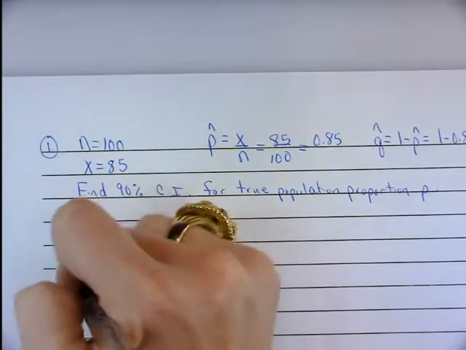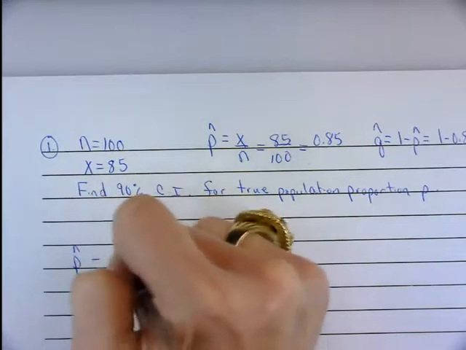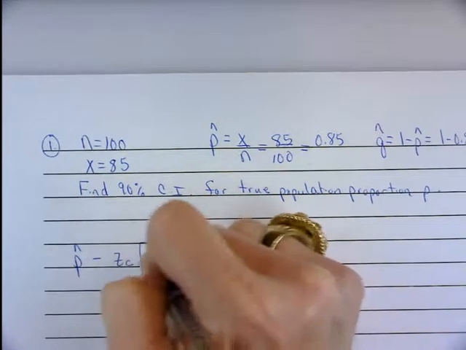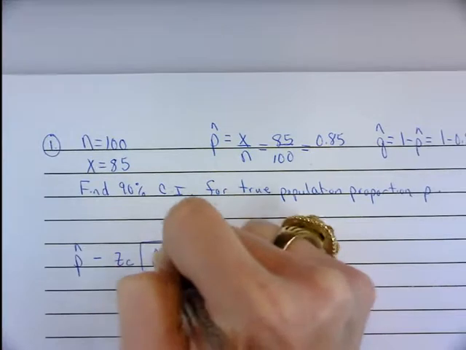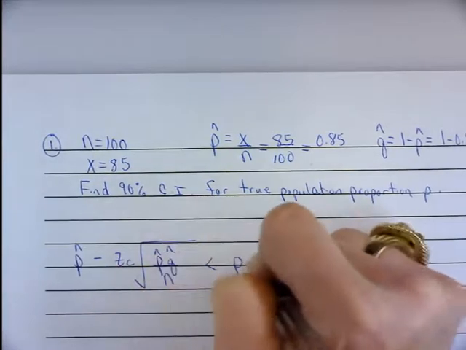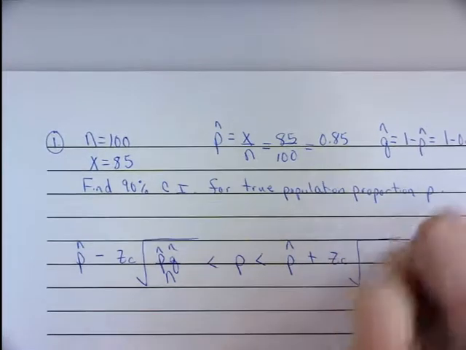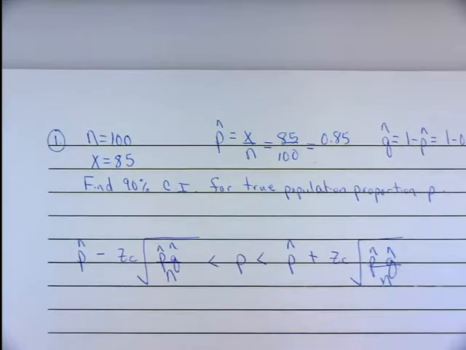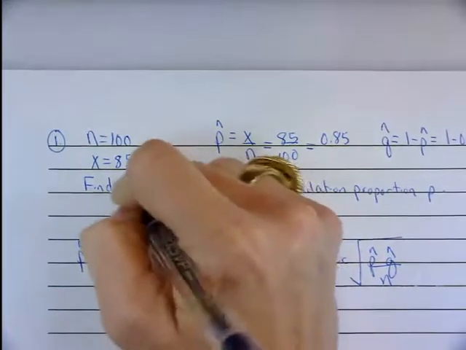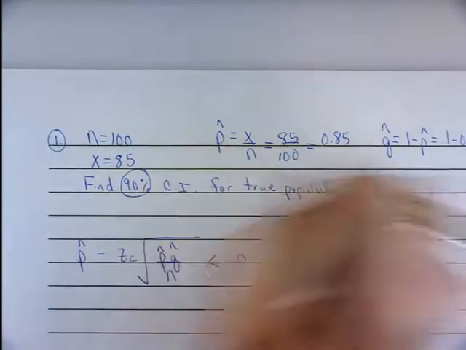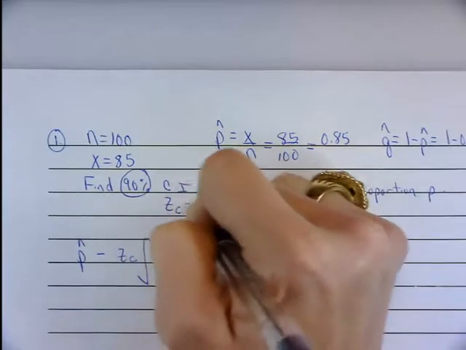Formula: P hat minus Z sub C, square root of P hat times Q hat divided by n, is less than P, less than P hat plus Z sub C, square root of P hat times Q hat divided by n. Since it is a 90% proportion Z interval, Z is 1.65.